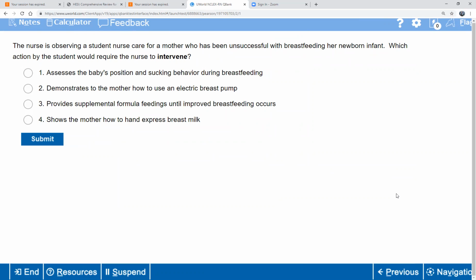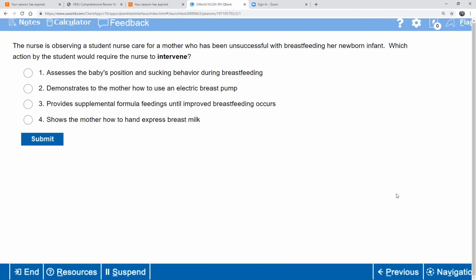The nurse is observing a student nurse care for a mother who has been unsuccessful with breastfeeding her newborn infant. Which action by the student will require the nurse to intervene? Assess the baby's position and sucking behavior during the breastfeeding. Demonstrate to the mother how to use an electric breast pump.